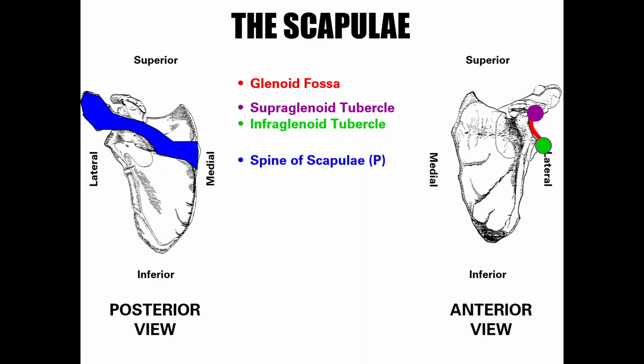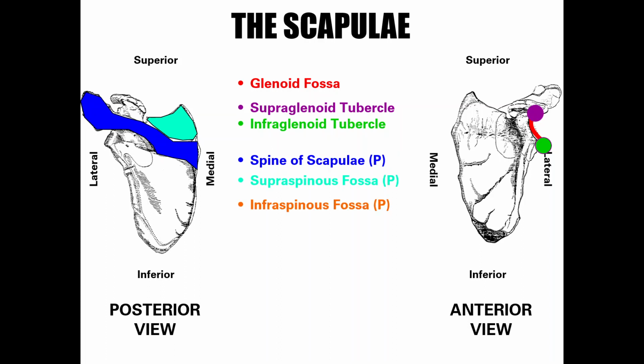We have the spine of the scapula. As I said, that's the most prominent structure that can indicate that you're looking at a posterior view. We have the supraspinous fossa, so that's above the spine of the scapula on the posterior side.